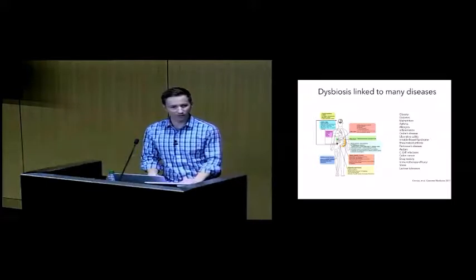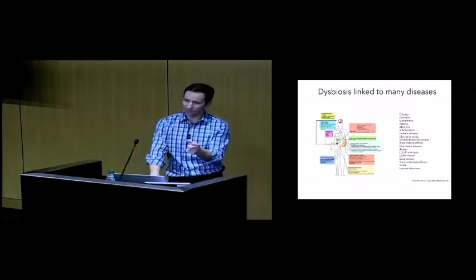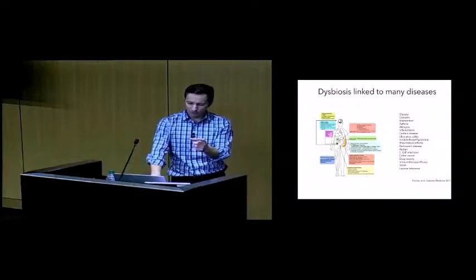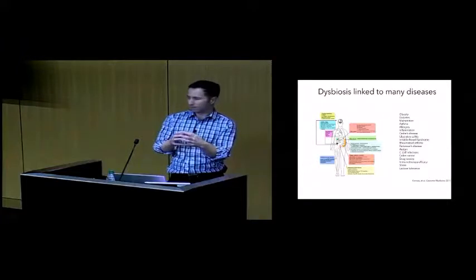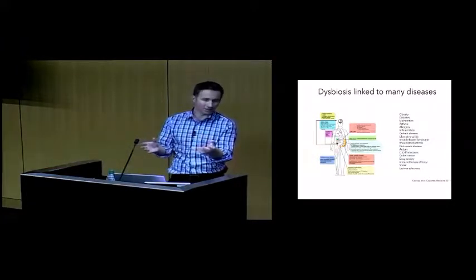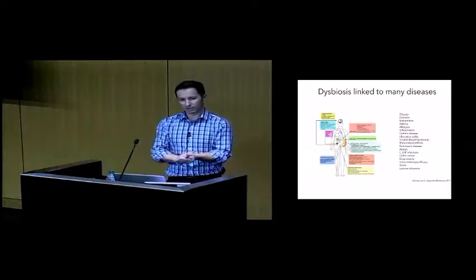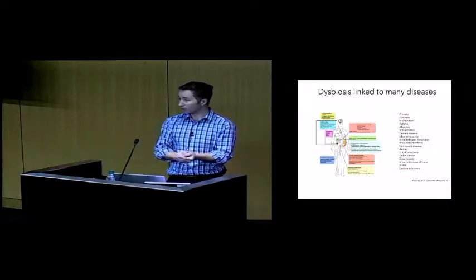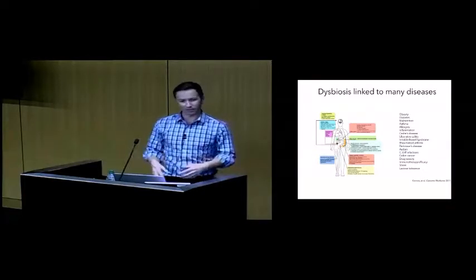Virtually every major chronic human disease has now been linked to a shift in your gut microbiome. So the microbiome is this world of microbes inside you. It's about 500 or so species in a given healthy person. There are more microbes inside you than there are human cells in your body. Of course, the human cells are bigger, so that's why you look like a person.